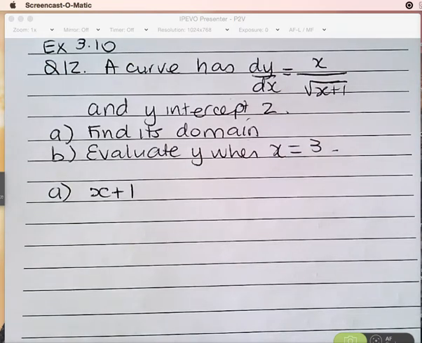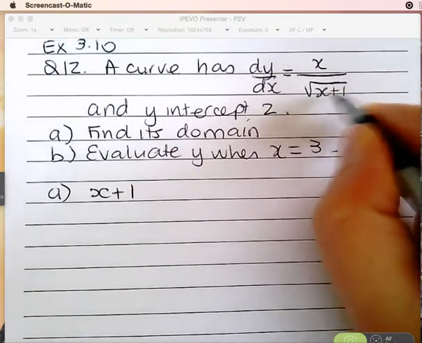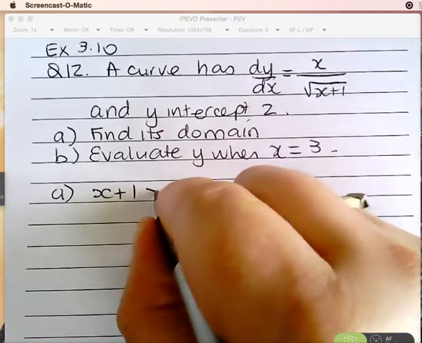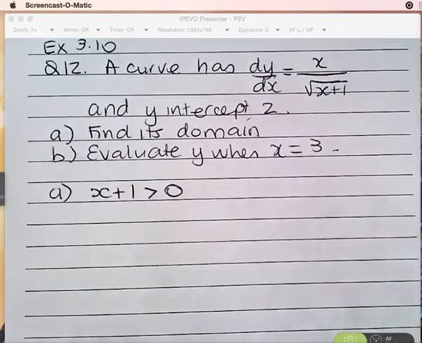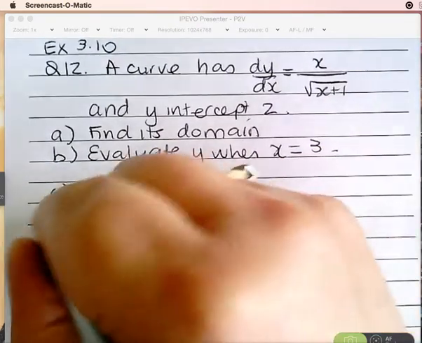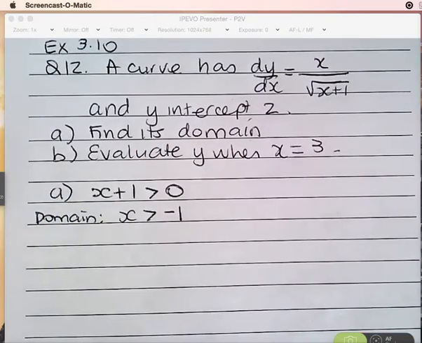Good. It's got to be positive because you can't square root a negative number. So x plus 1 has to be greater than 0. Therefore, x is greater than negative 1. That's your domain.